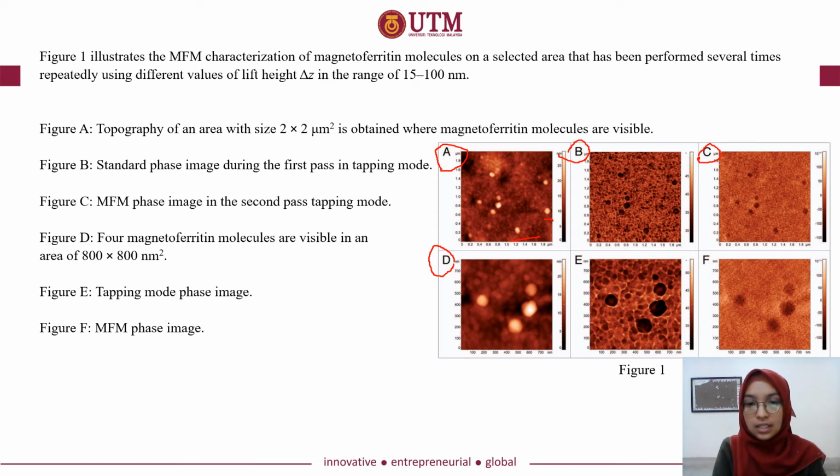As we can see here, we have 1, 2, 3, and 4 magnetoferritin molecules. Next, in Figure E here, it shows the tapping mode phase image, and lastly in Figure F, it shows the MFM phase image.